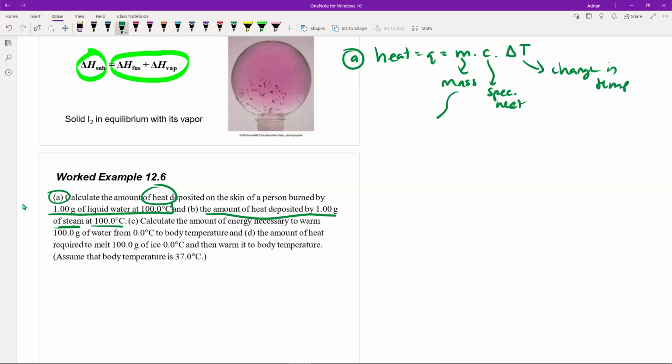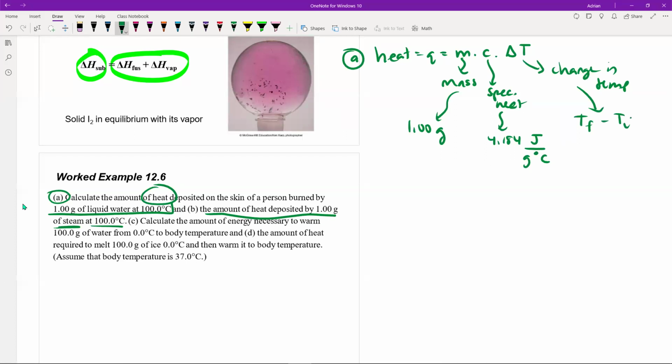So we're given the mass here of the liquid water as 1.00 grams. The specific heat of the water is 4.184 joules per gram degree Celsius. And the change in temperature is always the final temperature minus the initial.